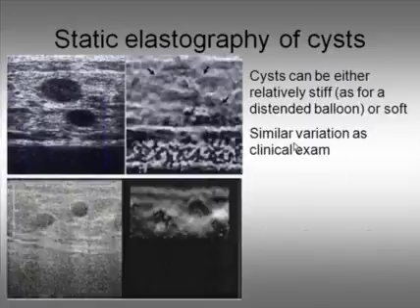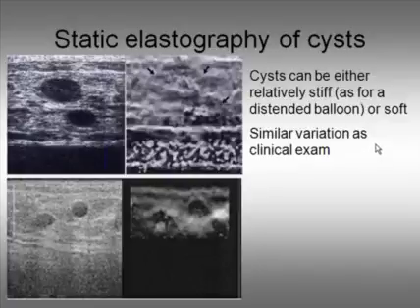But what we also know from clinical examination is that sometimes cysts are very firm, and actually that's when they're palpable. And similarly, with static elastography, which simply measures the firmness or softness of a given lesion, sometimes the cysts are soft and sometimes they show up as hard on the elastogram. So static elastography can sometimes help, but definitely will not always help.